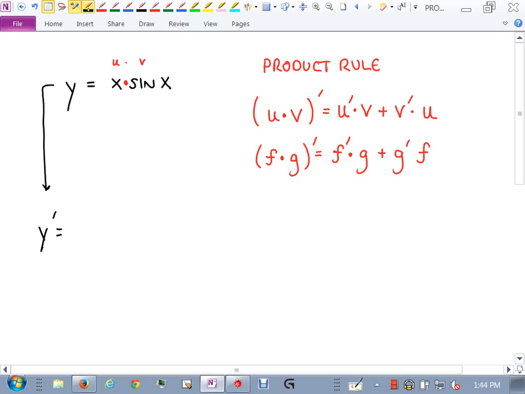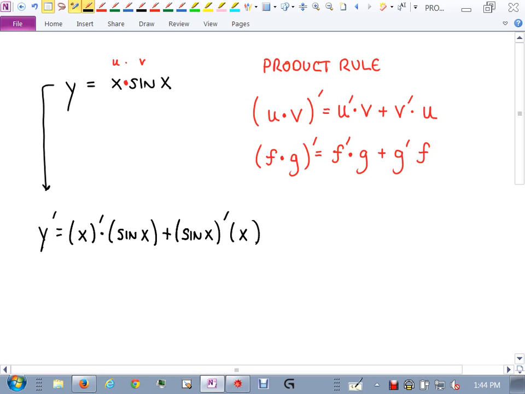So what I'm going to want to do here is have the derivative of x times the sine x plus the derivative of the sine x times the x. Do y'all see how I'm using the prime marks here? This is my product rule. Derivative of the first times the second plus the derivative of the second times the first.